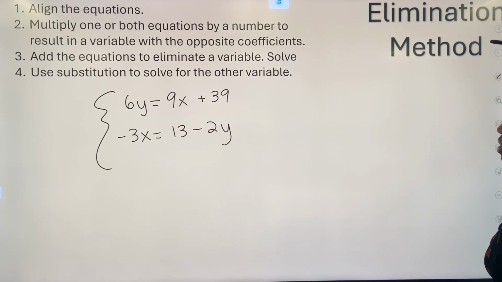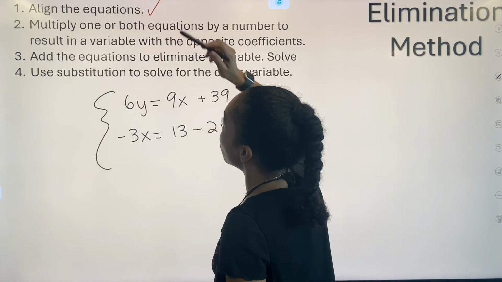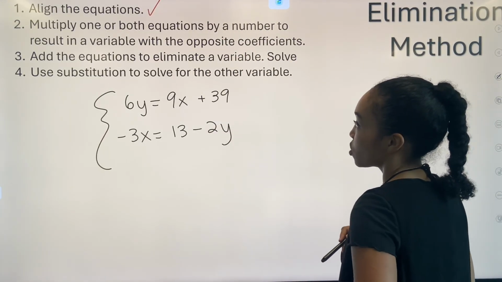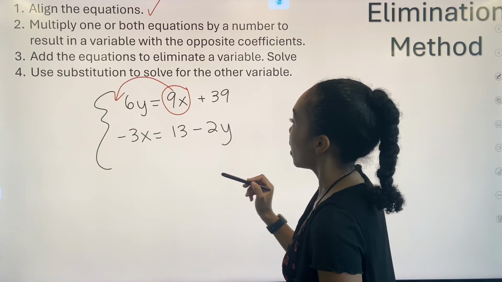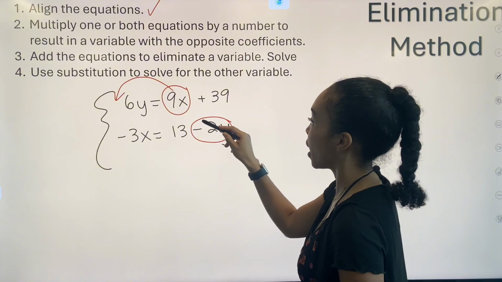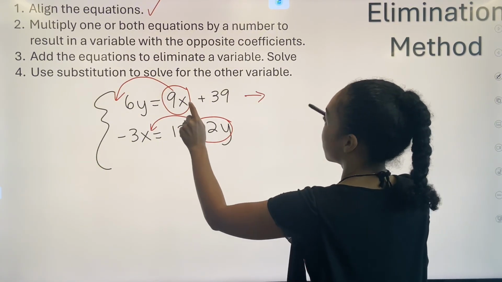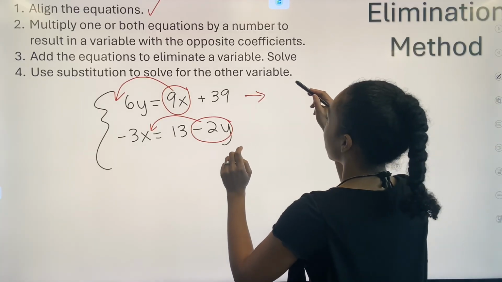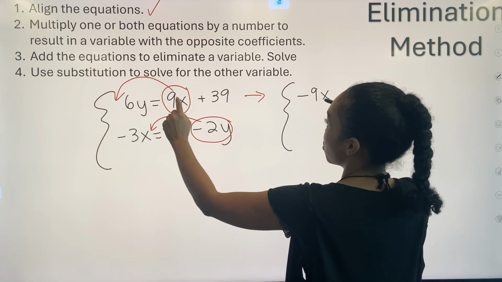Let's try another example. So, very first step, you need to make sure that the equations are aligned. So I'm gonna move this 9x to the other side, and this -2y needs to move to the other side. So this will become -9x, because you move it over.